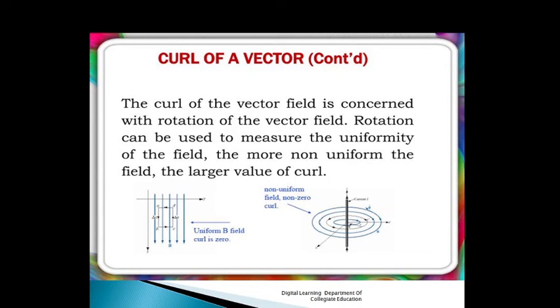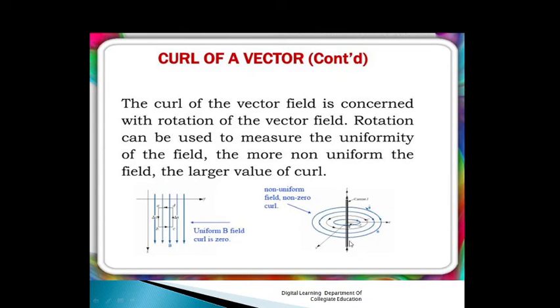The physical significance of a curl vector is concerned with the rotation of a vector field. If the curl of a vector field is 0, there is no rotation. For example, a uniform magnetic field exposed to a rectangular surface has curl 0.